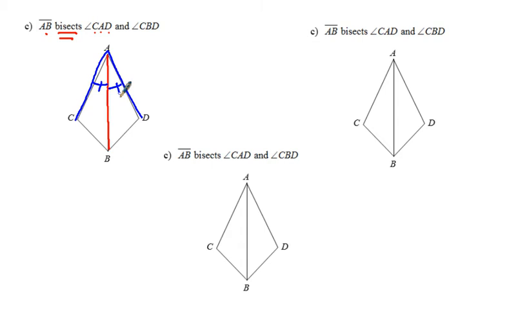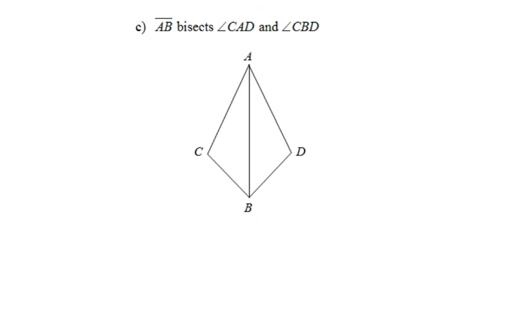Next, we're also given that segment AB bisects angle CBD. And so that's cutting this angle into two congruent parts as well. Okay, let's see if there's one more thing to learn. Again, I see that the two triangles are glued together and that they share side AB. So I'll make my little X to make that observation visual.